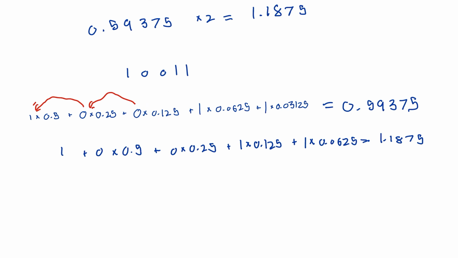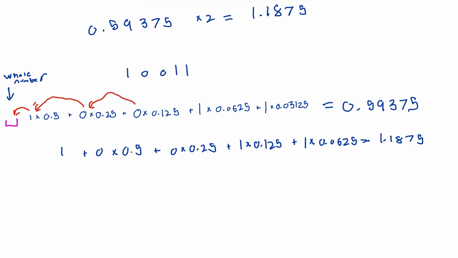And with that, we have this magical spot over here, right? When we multiply 0.5 times 2, we get 1. So this is the magic whole number spot. When this 1 bit jumps over to this magical whole number spot, we get a whole number.